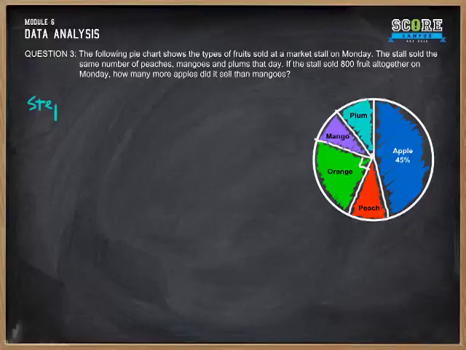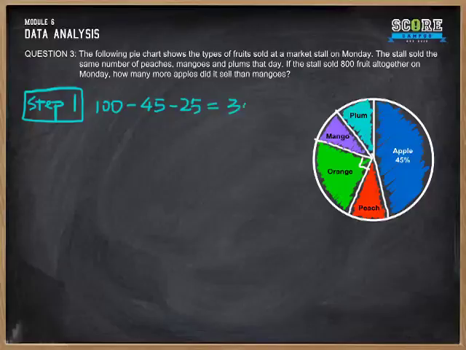So let's figure out step 1. Let's set it up. 100%, which is one whole, right? Yes, 100%, you minus off apples, which is 45%, and you minus off oranges, which is 25%. What is the remainder you get? You get 30%. This 30% of the fruits is made up of mangoes, plums, and peaches.